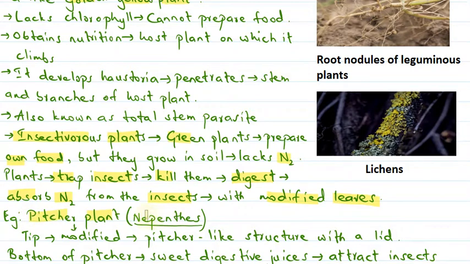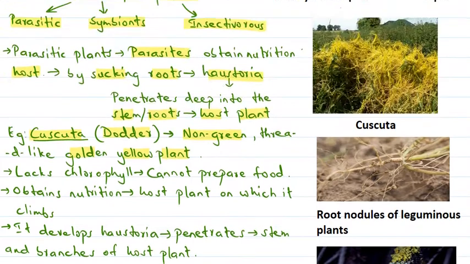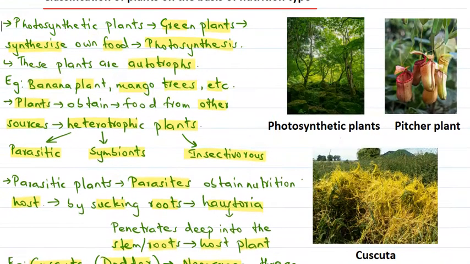The scientific name of pitcher plant is Nepenthes. So what happens is, we'll see in the diagram, there is a diagram of pitcher plant. So here the leaves are modified into pitcher-like structures, okay, that is given with a lid, and at the bottom of the pitcher there are sweet digestive juices that attract the insect.